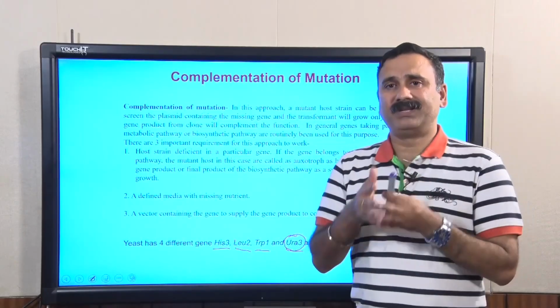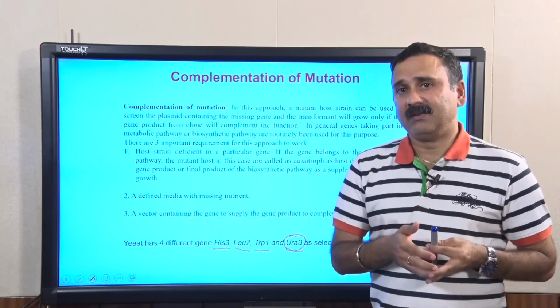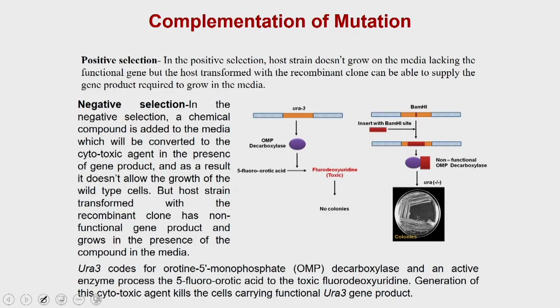One is called the positive selection, the other one is called the negative selection. What is meant by the positive selection? In the positive selection the host strain does not grow on the media lacking the functional gene, which means the host has some kind of particular mutation. So the host will not grow on the media as long as it does not contain that particular metabolite or that particular nutrient, but the host transformed with the recombinant clone which is going to supply this gene product will allow this particular host to grow on the media in the absence of that particular nutrient.